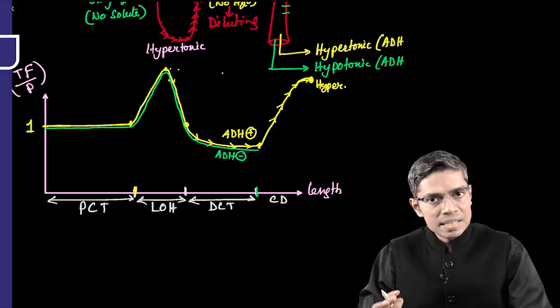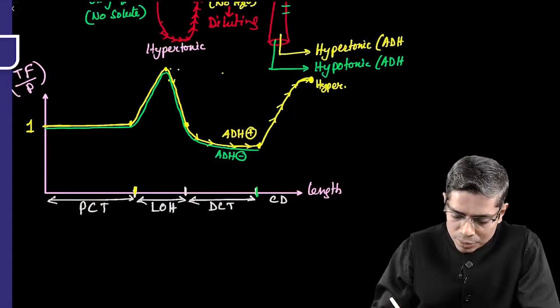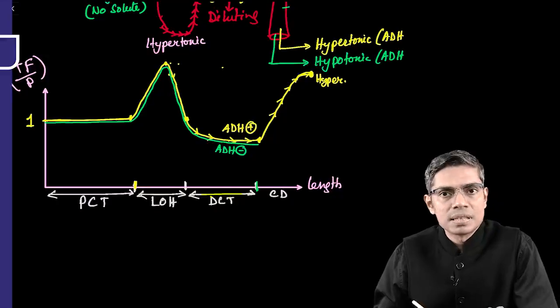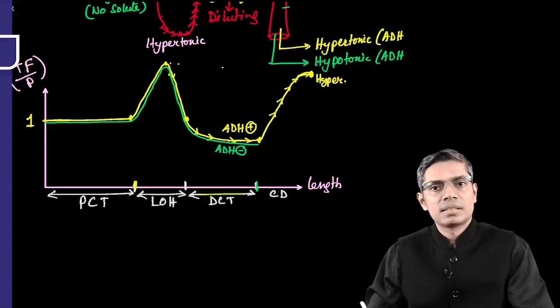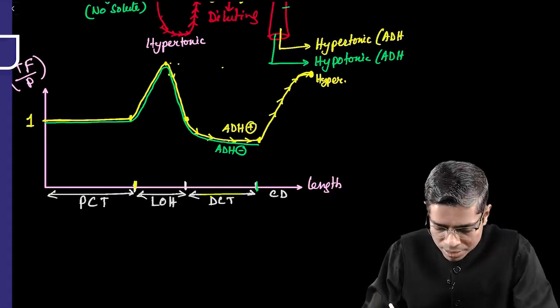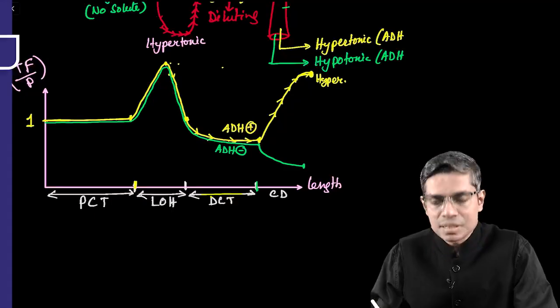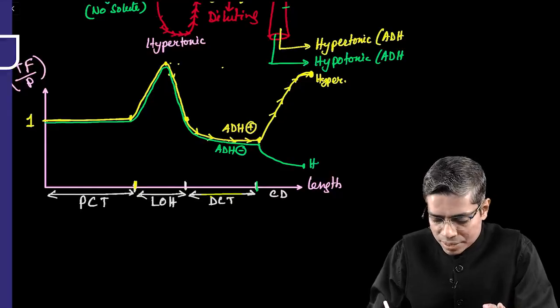Now look at the green curve. The green curve means ADH is absent. If ADH is absent, the hypotonic urine present at the level of the DCT will become further hypotonic when passing through the collecting duct, and you can see in the graph that the tonicity, or osmolality, of the urine is decreasing further.